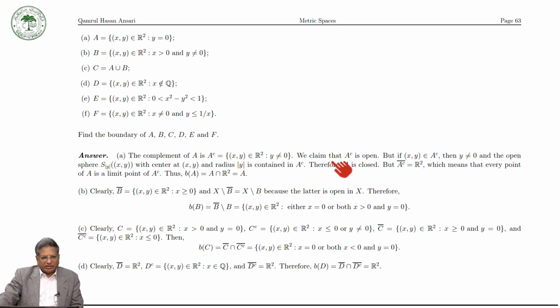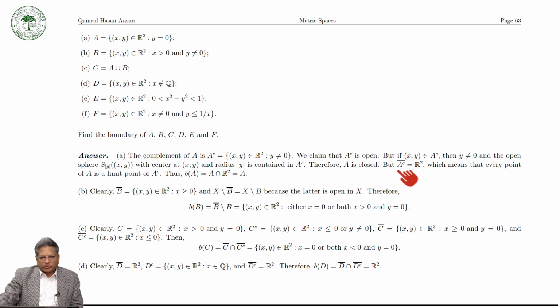Now we claim that this set is open. If x, y is in the complement of A, then y should not be equal to 0, and the open sphere with center at x, y and radius mod y is contained in the complement of A, and therefore A is closed.